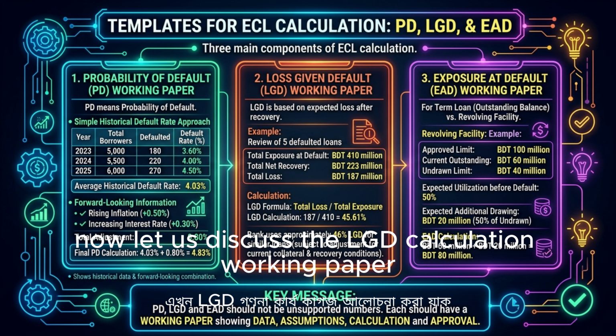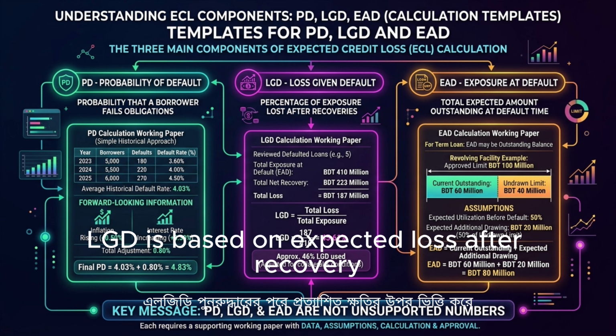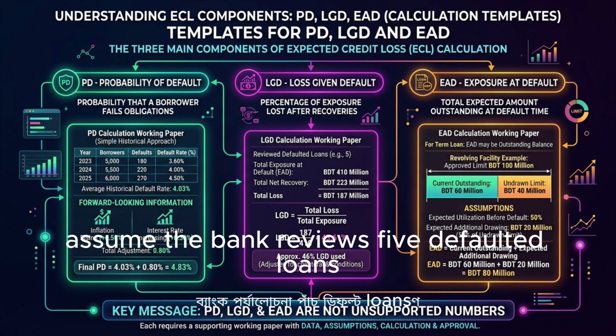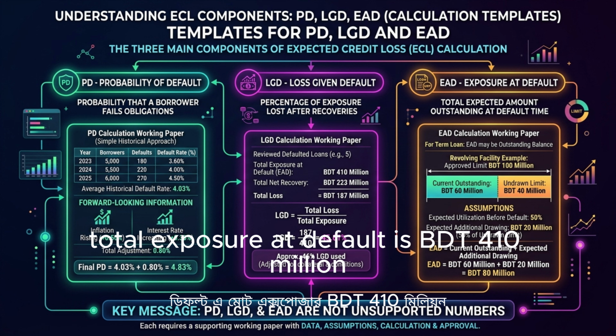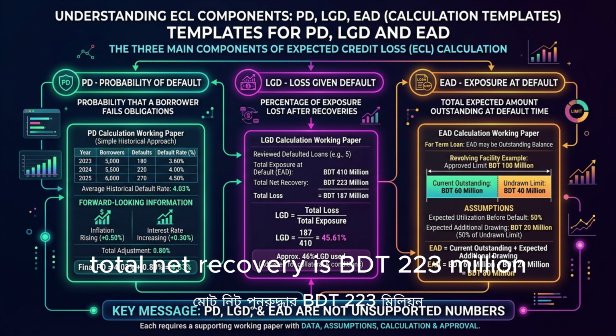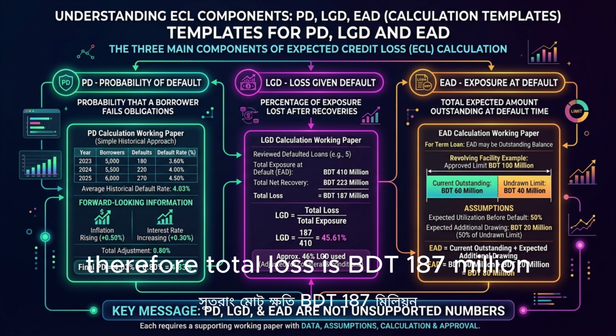Now let us discuss the LGD calculation working paper. LGD is based on expected loss after recovery. Assume the bank reviews 5 defaulted loans. Total exposure at default is BDT 410 million. Total net recovery is BDT 223 million. Therefore, total loss is BDT 187 million.